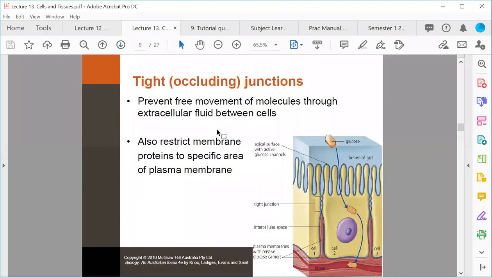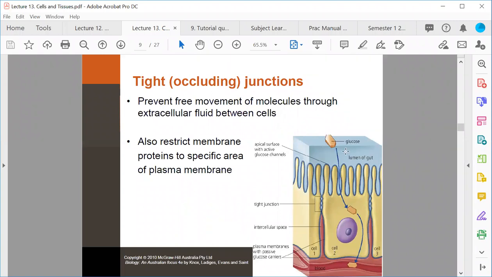So let's start with the tight or occluding junctions. These are junctions that prevent the free movement of molecules through the extracellular fluid in between cells. So this is pretty important in certain parts of the animal body. And we revisit a cell here of the intestine.